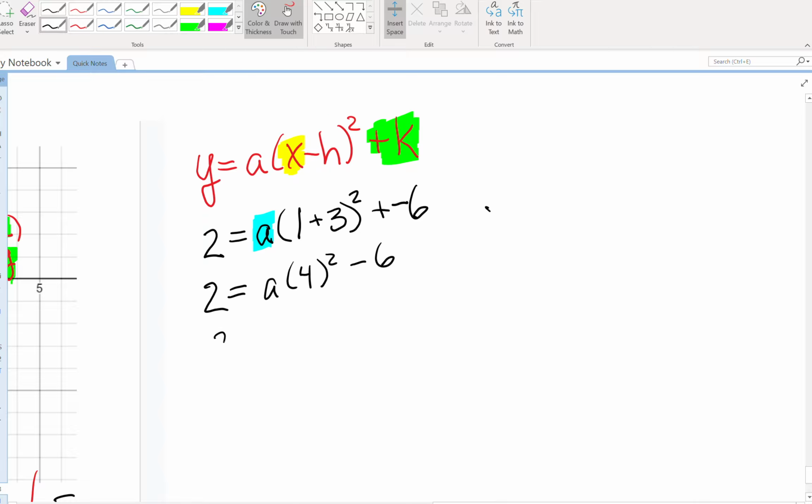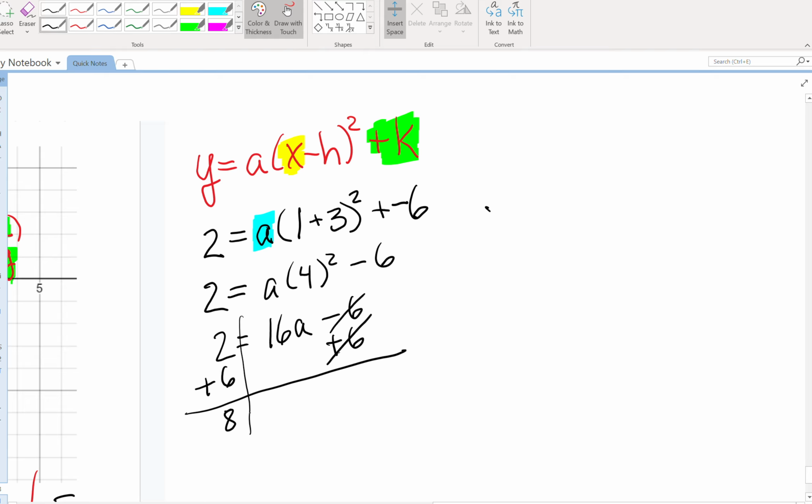And then 2 equals 4 squared is 16 times a, so that's 16a minus 6. Then I'm going to add 6 to both sides of the equal sign. So -6 plus 6 cancels, and 2 plus 6 is 8, equal to 16a.